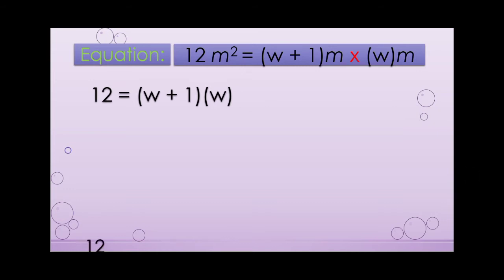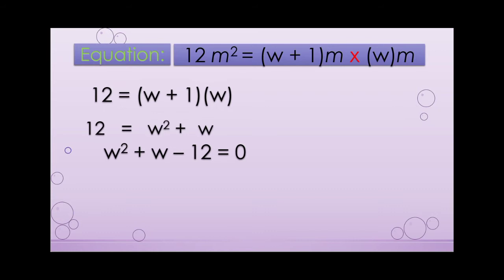So, we have now 12 is equal to W times W is equal to W squared plus 1 times W is equal to W. Then, after multiplying, let us move all the terms to one side. So, let us follow W squared. So, the equation now will become W squared plus W. Then, we will move 12. So, it will become negative 12. Then, this is equal to 0.